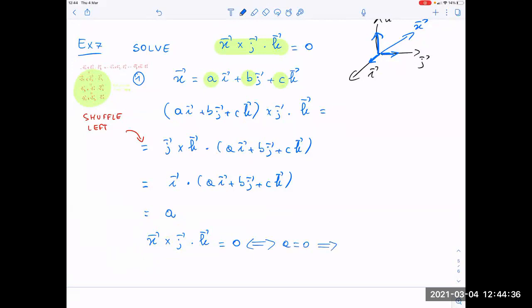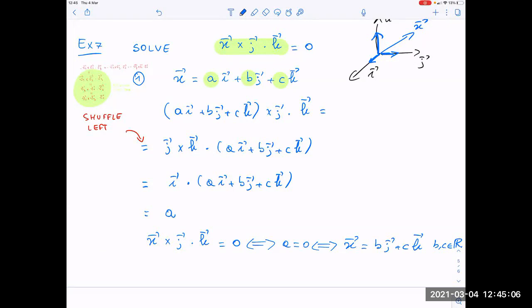So if and only if X is of the kind Bj plus Ck with B and C real numbers. So there are infinitely many solutions, and they are all possible vectors, linear combinations of J and K.